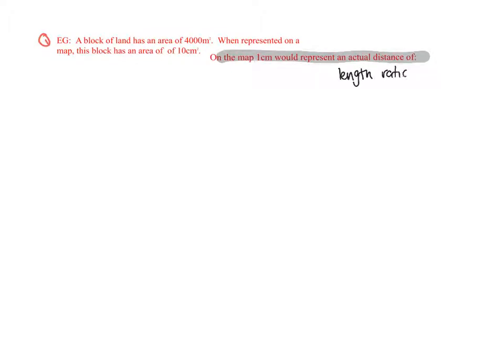Remember I said a scale on a map is a length ratio, and what you've been given is the area ratio. So they're saying 10 centimeters squared on the map is equivalent to 4,000 meters squared in real life.